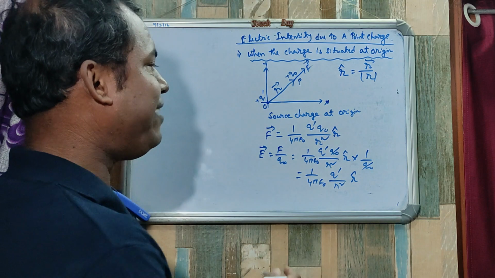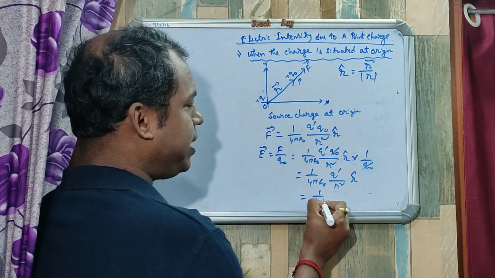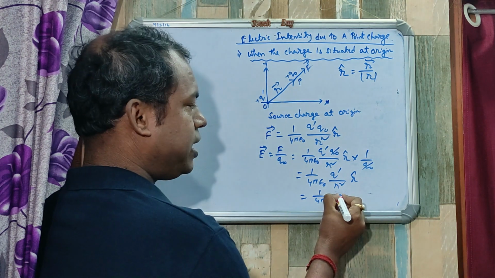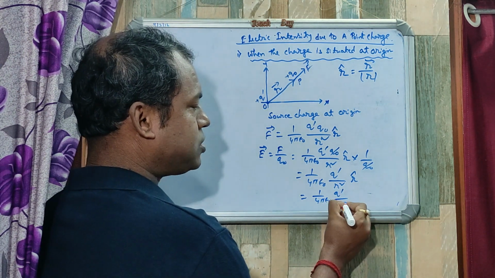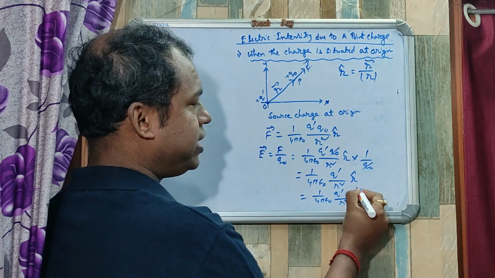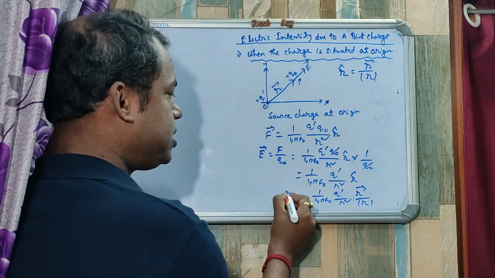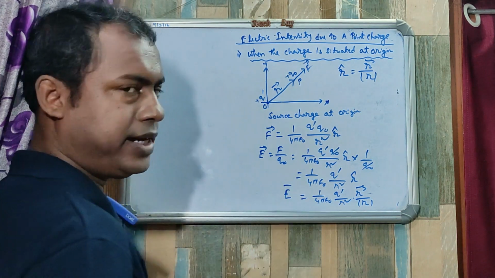So we put the value there: 1 by 4 pi epsilon 0, or epsilon naught, q dash by r square into r cap. r cap means vector r by mod r. Clear? So this is the value of the electric intensity.